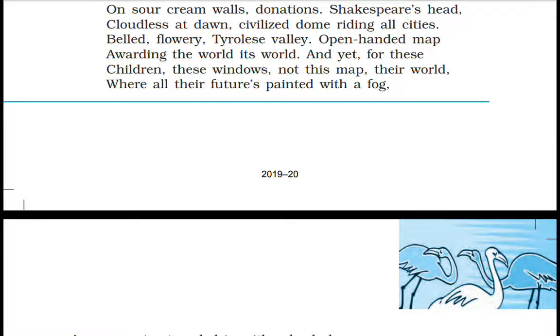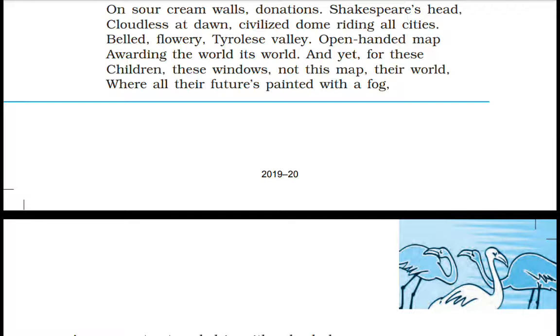Donations. Now on the walls there are some pictures which have been donated by some rich people. Shakespeare's head. Now there is one picture where Shakespeare's head has been shown, cloudless at dawn, and behind Shakespeare's head there is a cloudless sky of the morning.